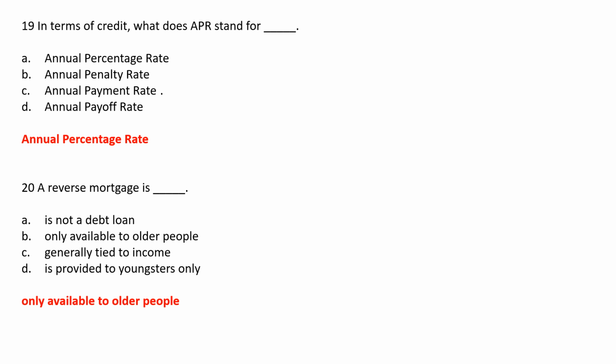Okay, so this is basically what a reverse mortgage is. This is made available only to older people. So the answer is that a reverse mortgage is only available to older people.